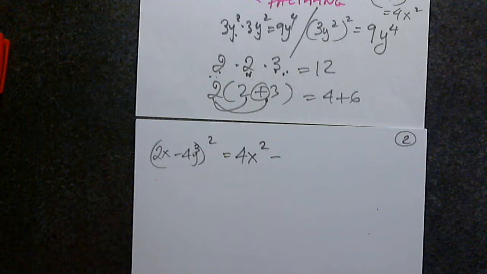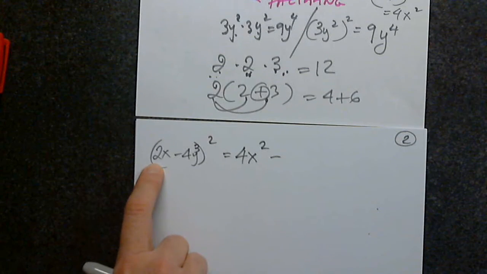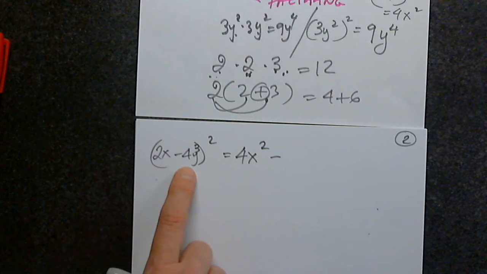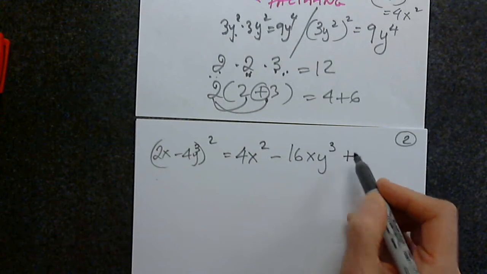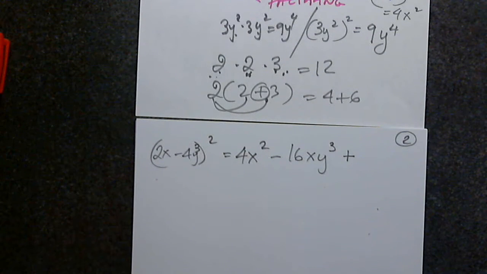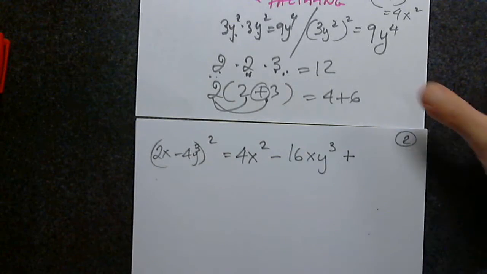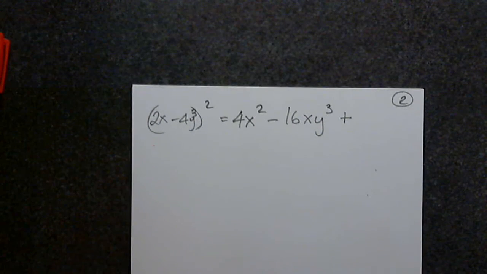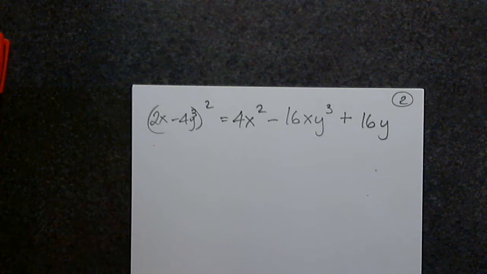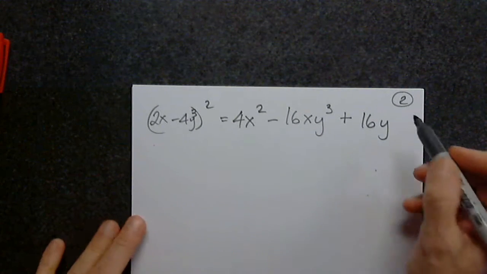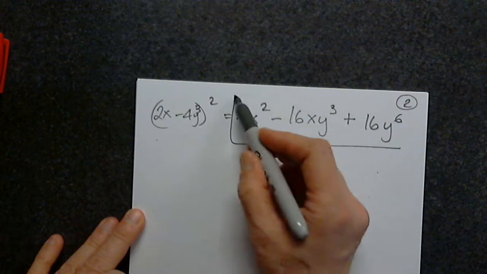The signs are taken care of already. 2 times the first times the second. 2 times 2 is 4. 4 times 4? 16. Very good. x y cubed. And now plus. The last term. 16y, copy the base, multiply the exponents. 6 indeed. This is it.